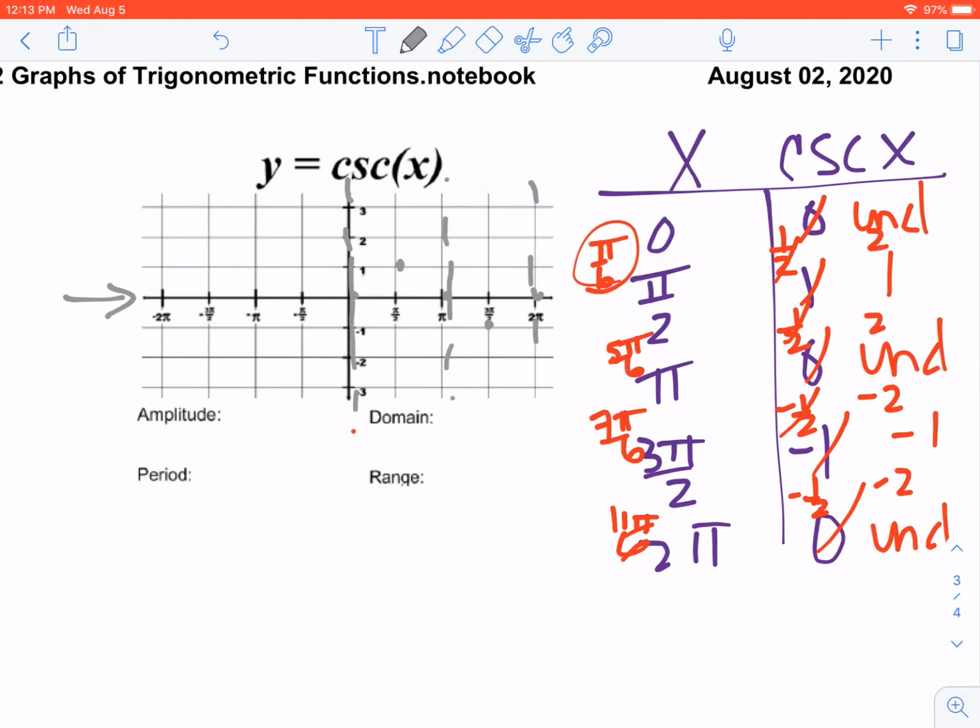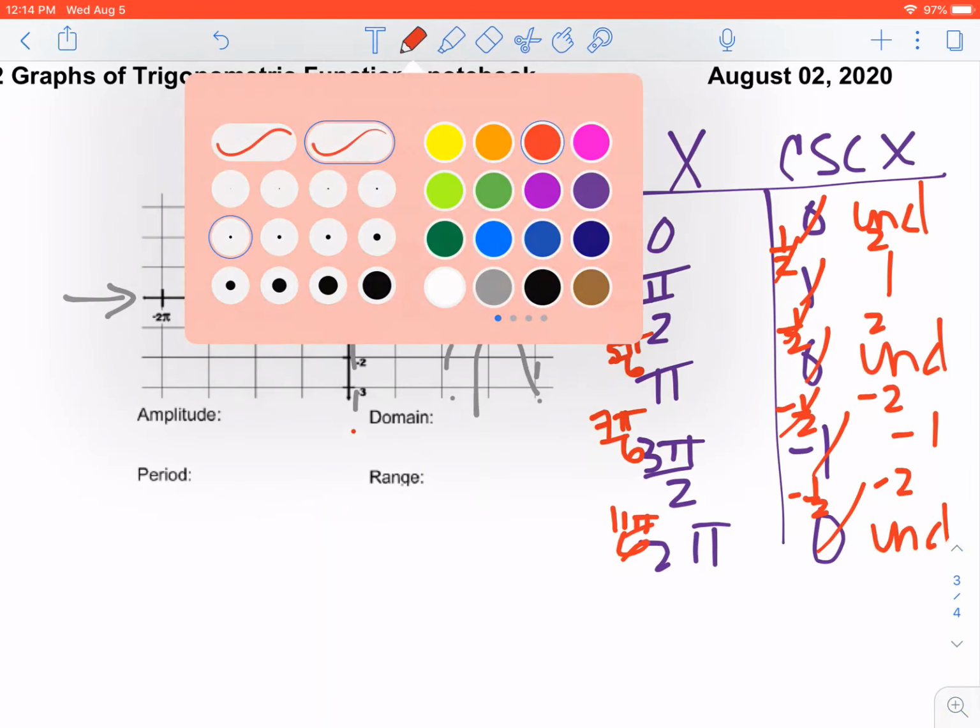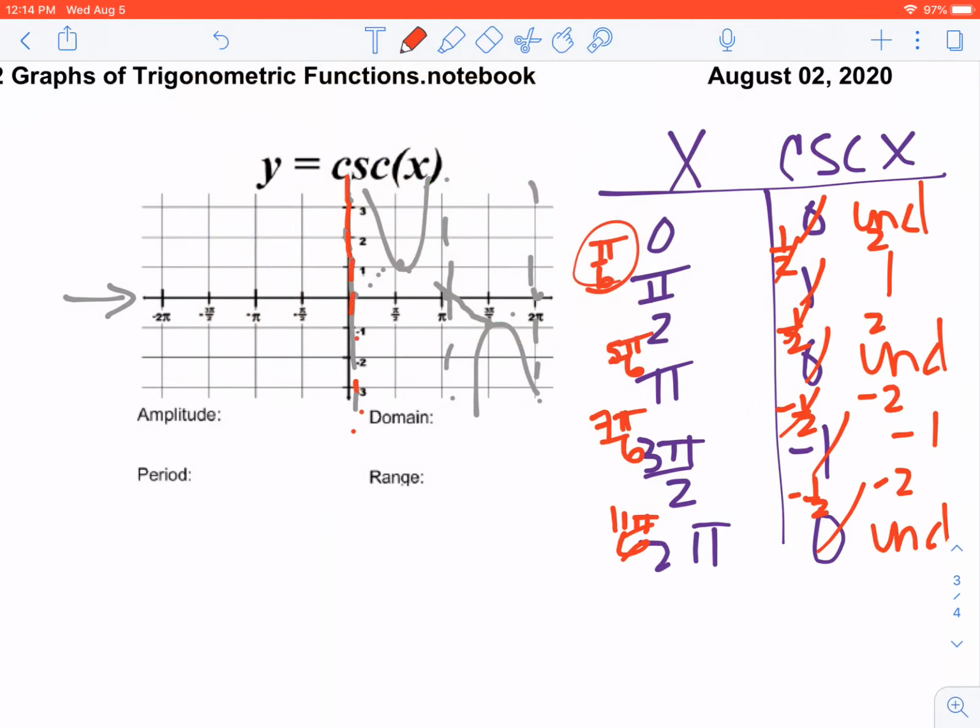And then they know to draw their U's at the points. So again, some people draw in their sine first, then they know to make asymptotes on their midline and draw their U's. Keeping in mind, though, that the actual graph of the cosecant does not contain the sine. This is the actual graph of your cosecant.